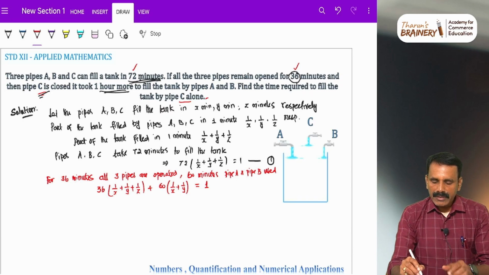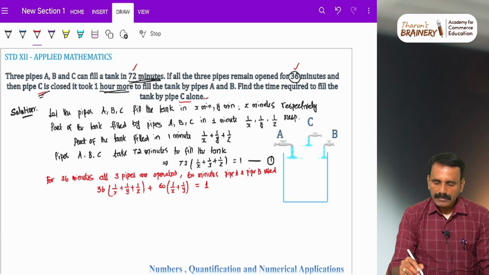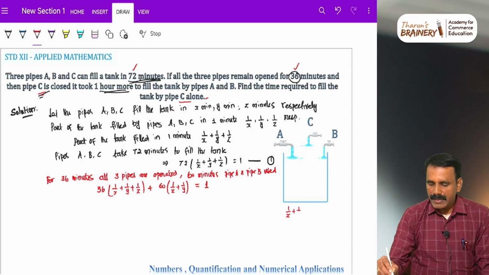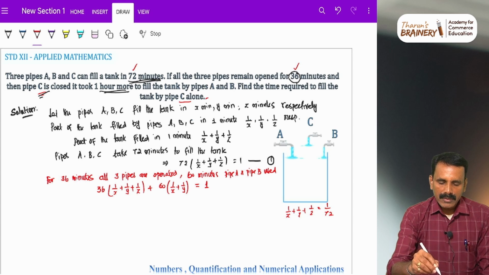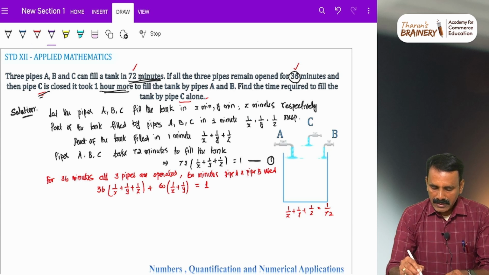Now, we are going to substitute for this value 1 by x plus 1 by y plus 1 by z. From the first equation, we get 1 by x plus 1 by y plus 1 by z is equal to 1 by 72. Okay. Now, we are going to substitute this expression.